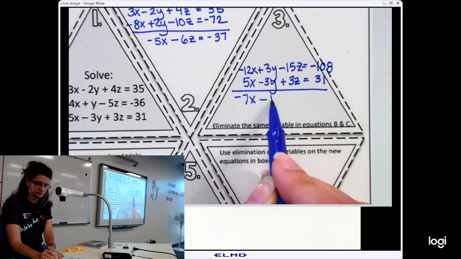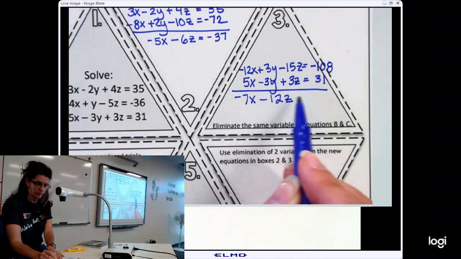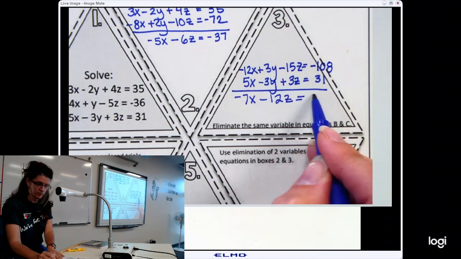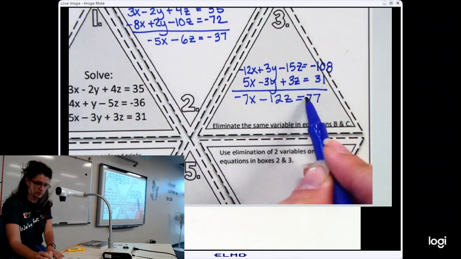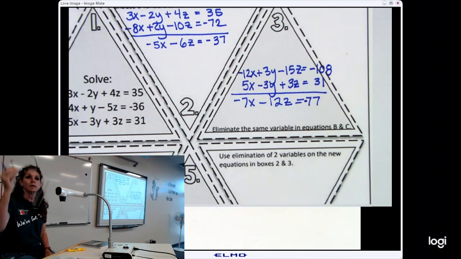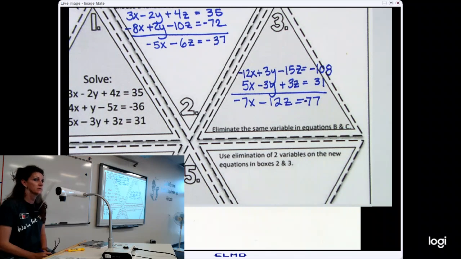Cancel. Negative 77. Have you guys checked my arithmetic? I hope somebody has. Questions thus far? Some of us are catching up on the notes, so I'm just kind of stalling here for a second.